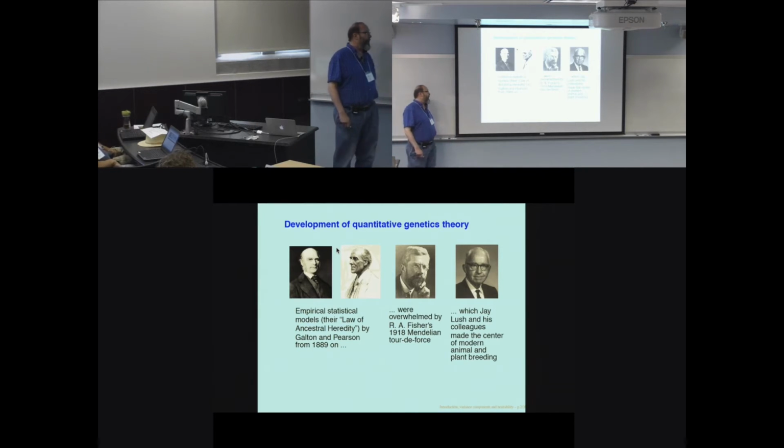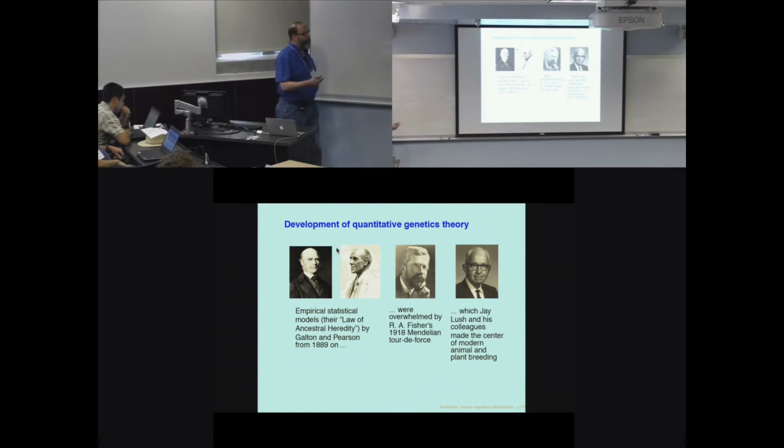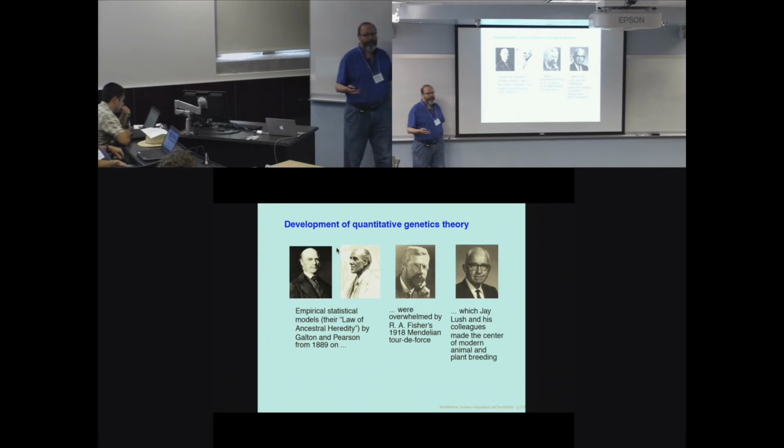It was really resolved, although it took a little while for people to realize it, by the work of R.A. Fisher in 1918. Fisher, who is also, of course, the greatest mathematical statistician ever, wrote a paper in 1918 which was a tour de force.